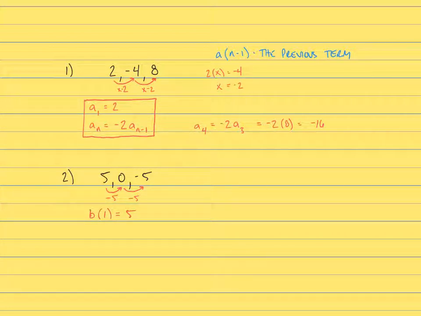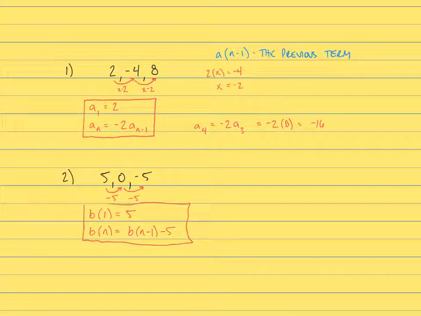We've got to talk about what the first term is. And if I want to find any term after the first term, all I have to do is take the previous term and subtract 5. And how do I write the previous term? In this case, it's going to be b of n minus 1. So I'll take b of n minus 1 and I will subtract 5, and that's going to work for any term in this sequence.